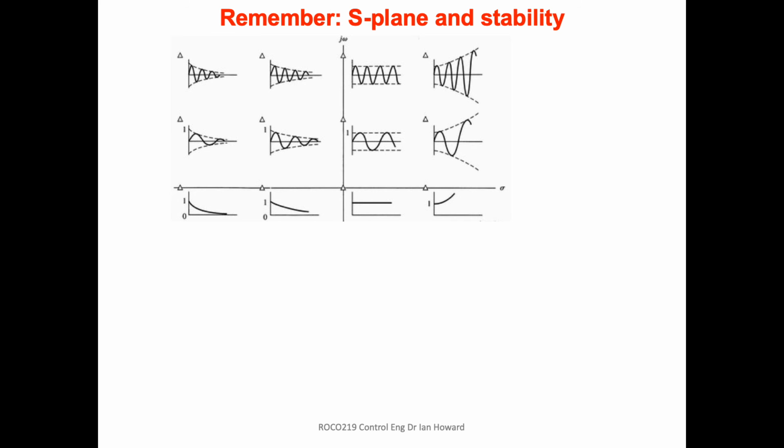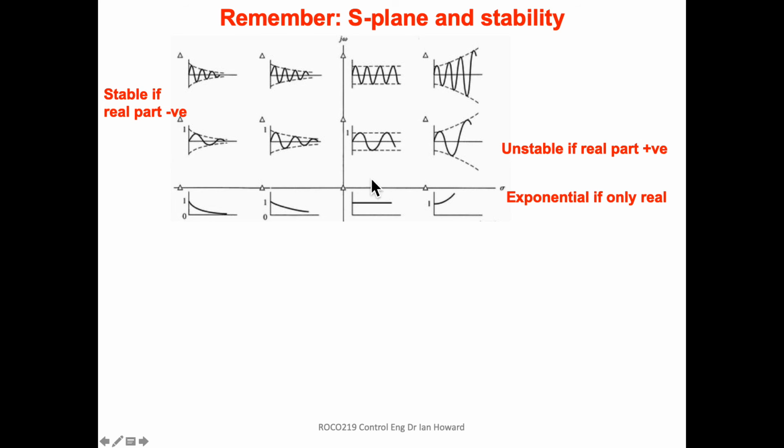So let's just remember what the S domain and stability look like. First of all, if we've got negative real parts to the poles, that's all of this area here, everything to the left of the imaginary axis through 0, we have a system which is going to be stable, right? And if we've got positive real parts, it's all going to be unstable, right?